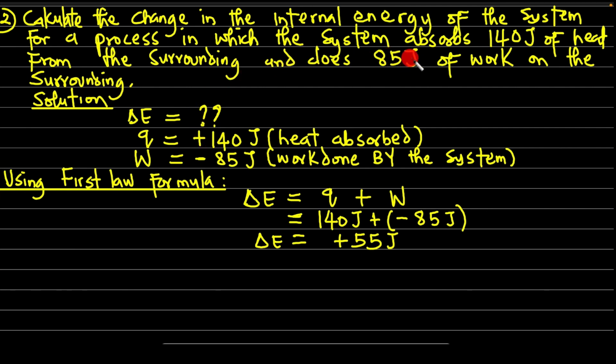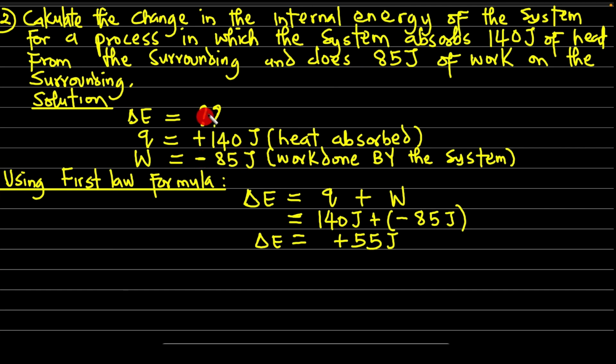And it does 85 joules of work. This time around, the system is still the one doing the work because it said 'and does'. So once again, it is work done by the system, and work done by the system is negative. So we put down minus 85 joules.